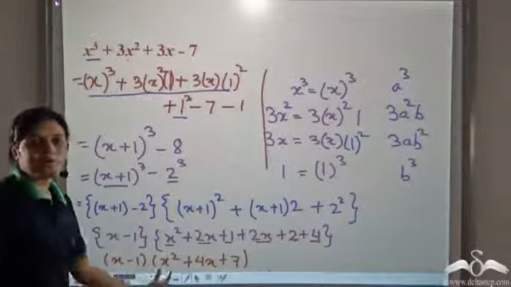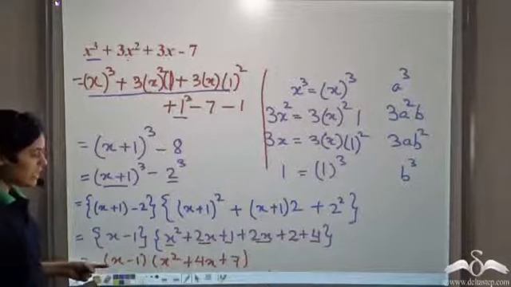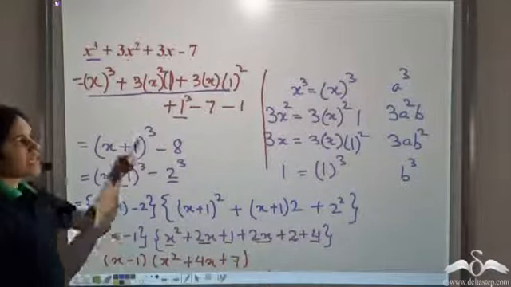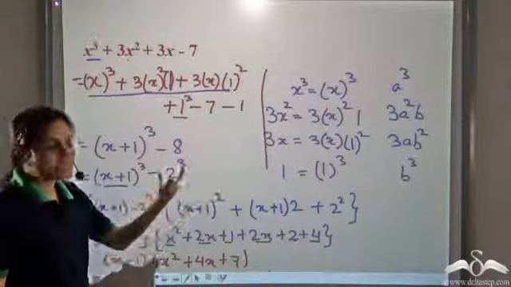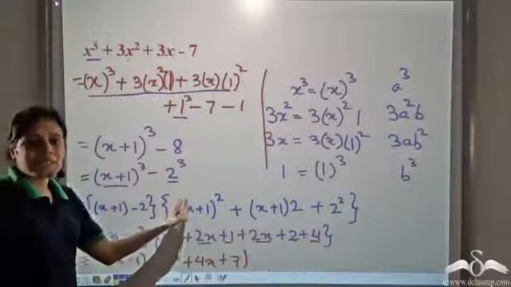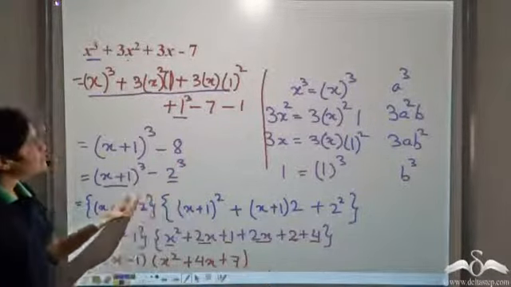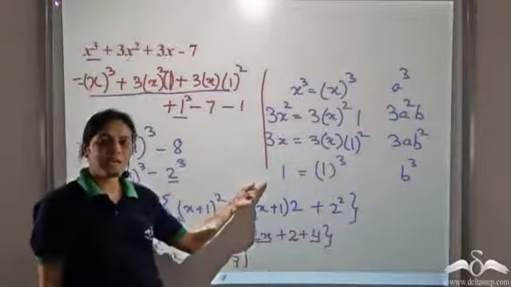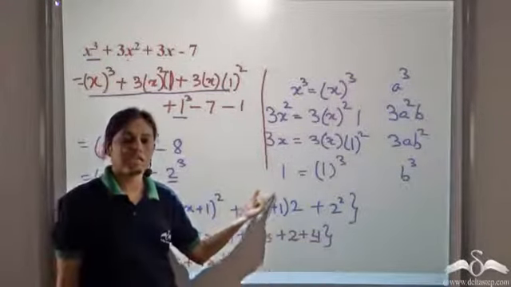Now this cannot be factorized further. So we get this by using a plus b whole cube first and then a cube minus b cube. So there will be situations where you will not be able to apply the identity directly.